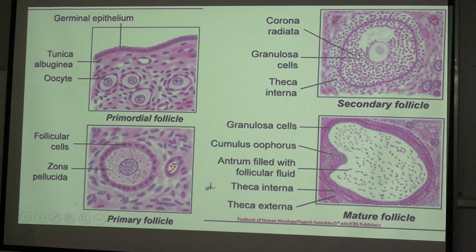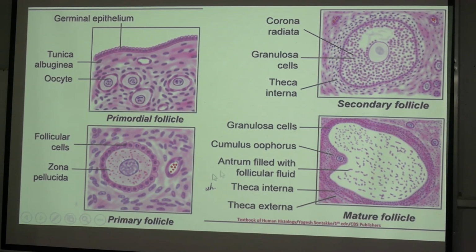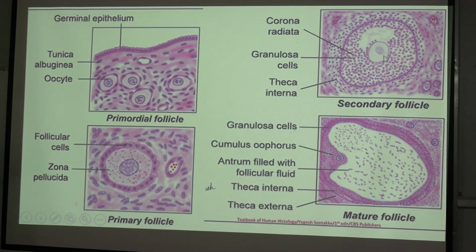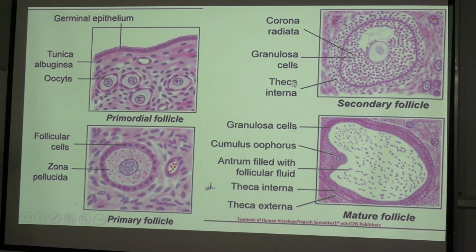Now these granulosa cells and the theca cells, these two transformations happen within the follicular cells. The cells present outside we call theca cells, and those present close to the oocyte we call granulosa cells. The theca cells also differentiate into two subgroups, which we call theca interna and theca externa.